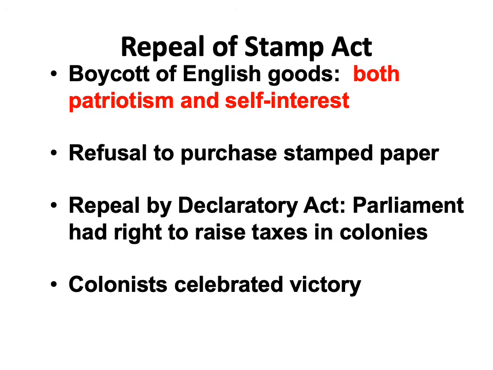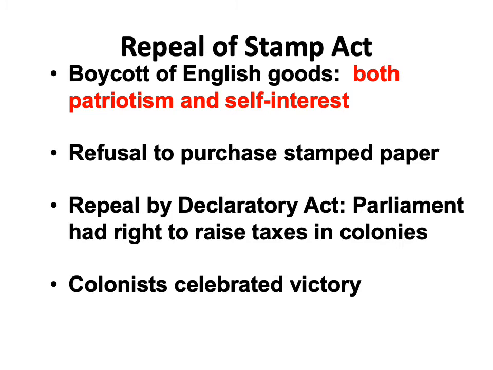Well, the outrage over the imposition of the Stamp Act led the colonists to organize themselves as colonists for the first time, and they decided to boycott English goods. They refused to purchase imported English goods to the extent possible, and this was motivated both by patriotism and also by self-interest of those who produced competing products.